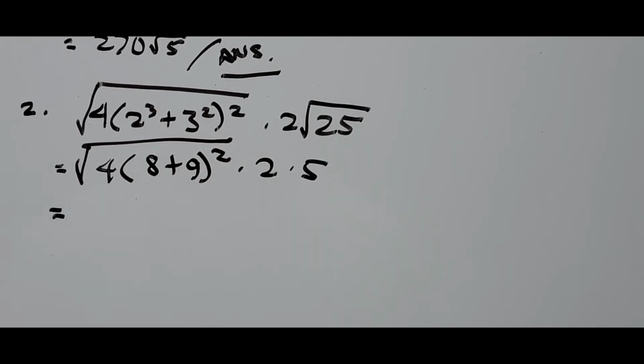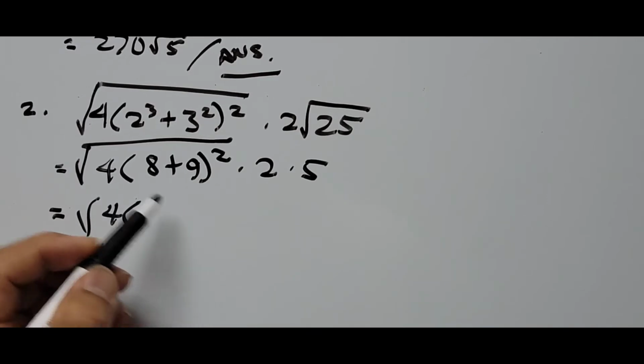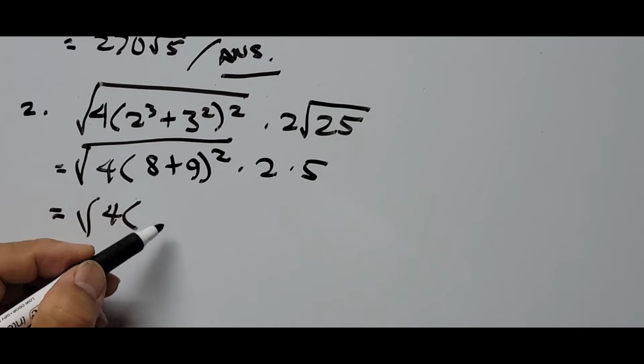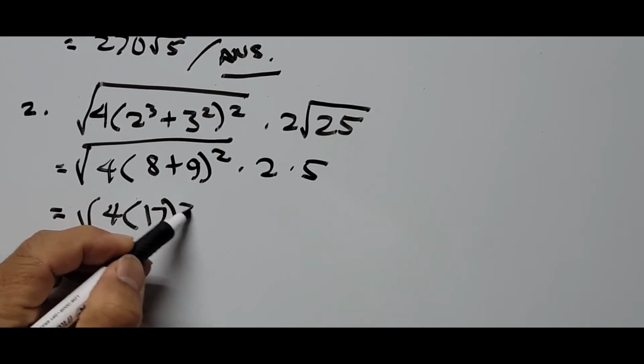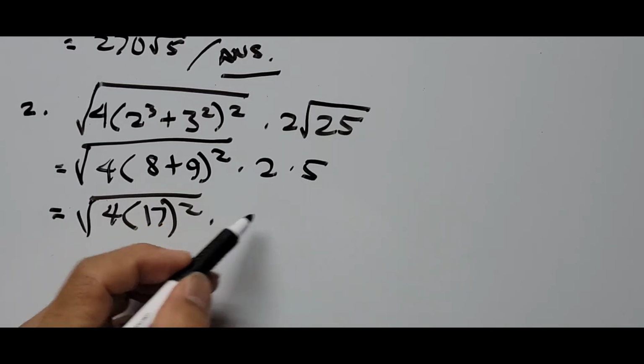So moving further, we have now square root of 4 multiplied by what's in the parentheses, 9 plus 8 is 17, and that's squared, and that's square root, multiplied by 2 times 5 is 10.